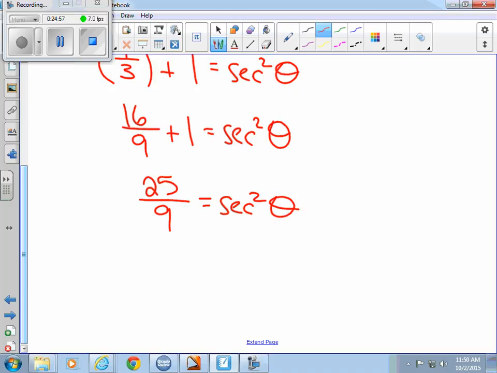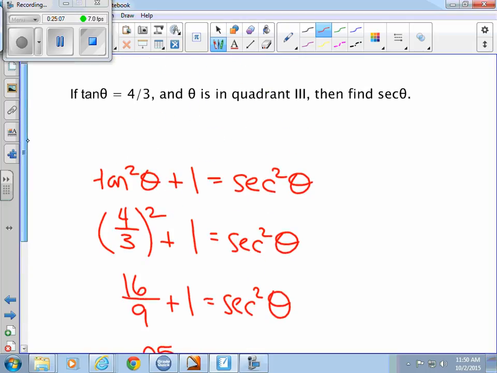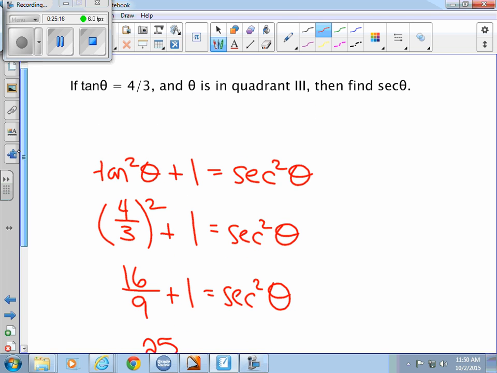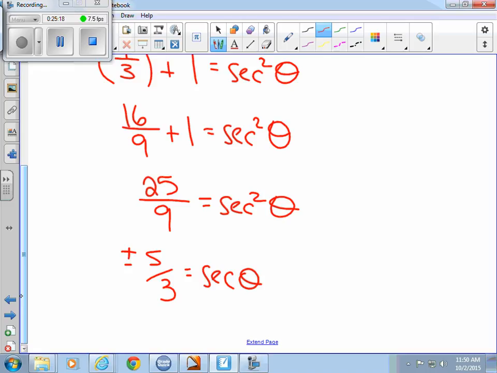Square root both sides. Does that make sense? Looking at the triangle, and you probably look at the triangle in your head, it's a 3, 4, 5 triangle. So it makes sense that we get 5/3. We are in quadrant 3, so secant in quadrant 3 is negative.